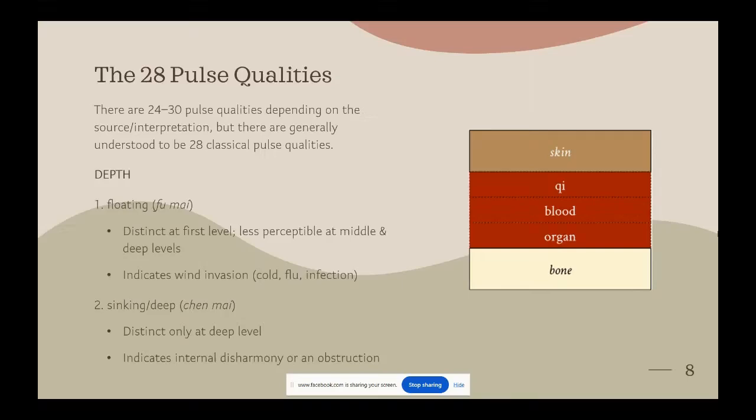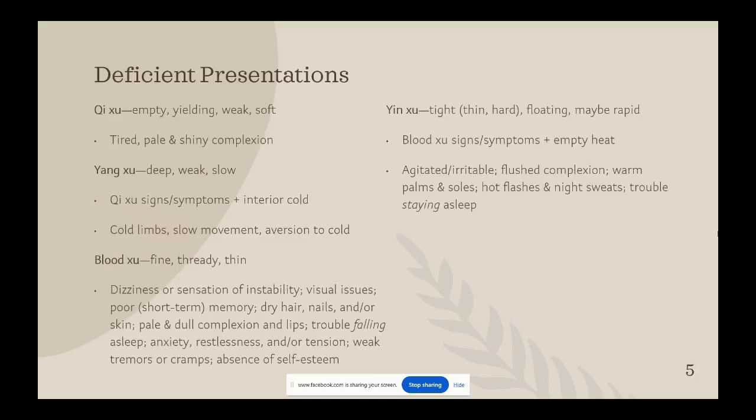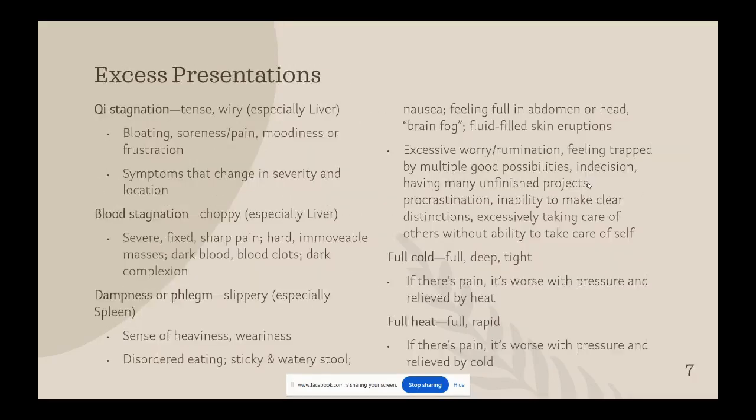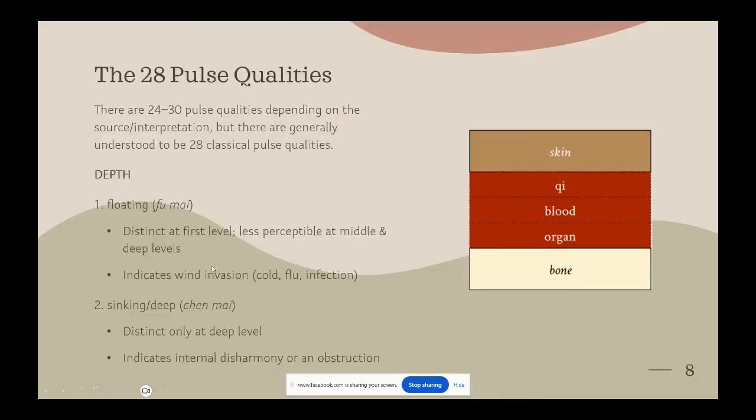So this, and also as we were saying before, this pulse, just to go back to yin deficiency, the yin deficient pulse may have a floating quality as well, but it's also going to be tight and maybe rapid. So that way you can distinguish that between a floating pulse that's indicating a wind invasion, and also if you feel the floating pulse on more than just the lung pulse, if it's like a systemic thing, it could indicate yin deficiency.